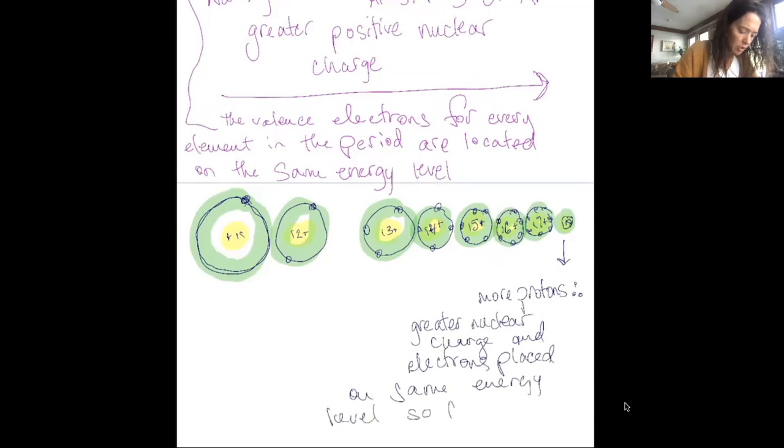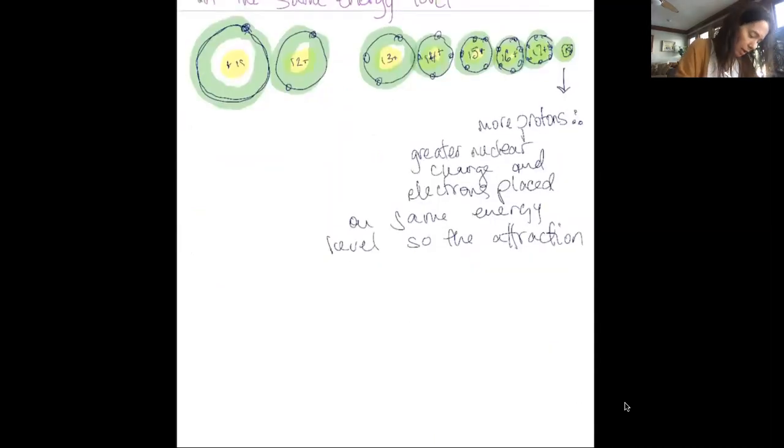So the attraction increases. You should be saying, if you don't know, the attraction between what? The attraction between electrons and nucleus increases.